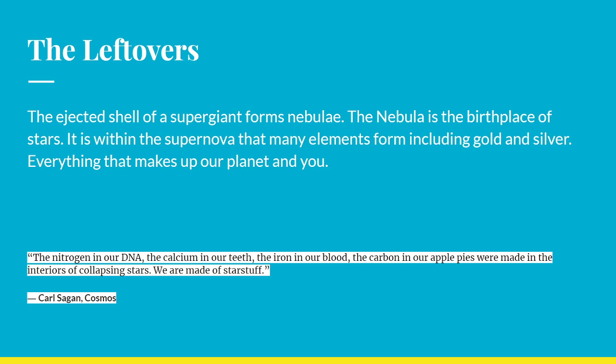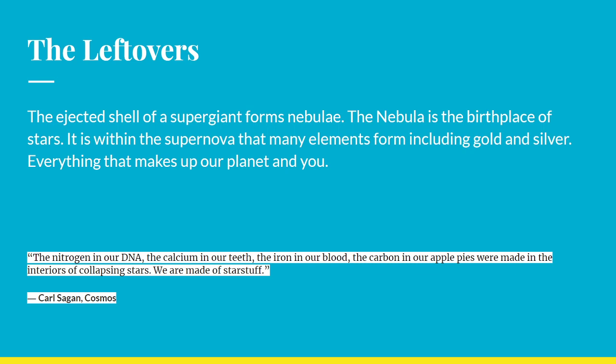From the red supergiant all the way through to the supernova that happens from it, you get all kinds of elements. Gold, silver, uranium, lead, calcium, potassium. Everything that actually makes up you and our planet is, well, that's the leftovers.